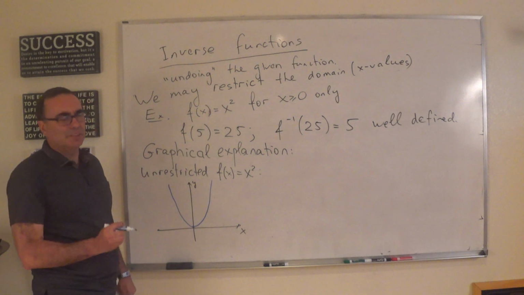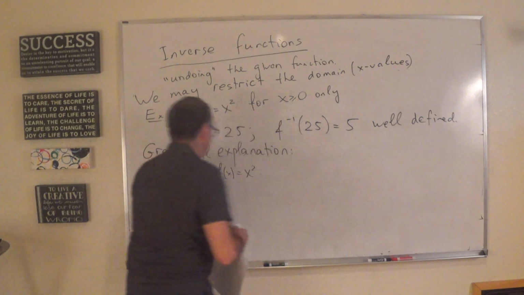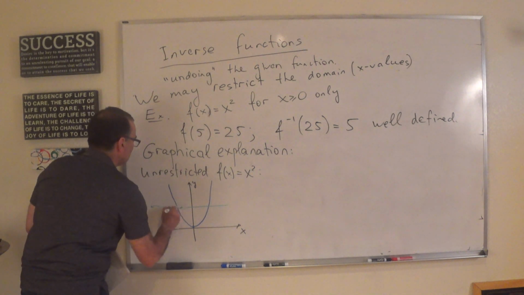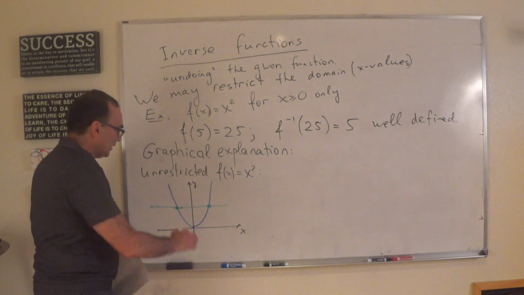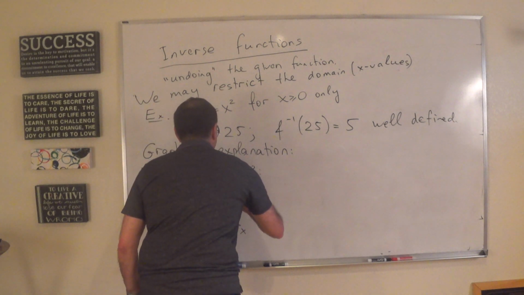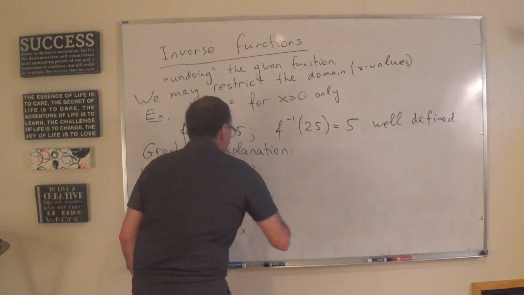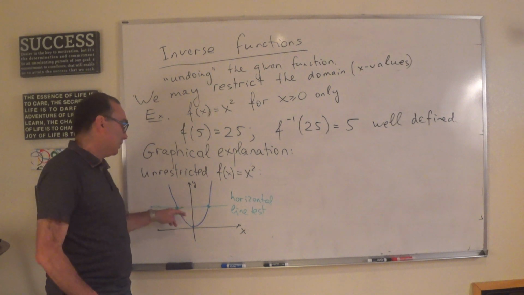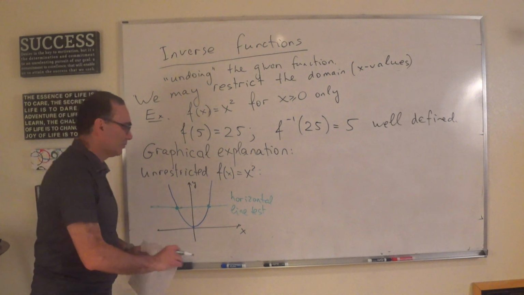And now there is the so-called horizontal line test. If you draw any horizontal line, it is supposed to cross this graph at only one point. If it crosses at 2 points, it's no good. That means that the inverse function is not defined. The horizontal line test means that any horizontal line should cross the graph of the function at most at 1 point. And if it crosses at 2 or more points, then the inverse function does not exist or is undefined.